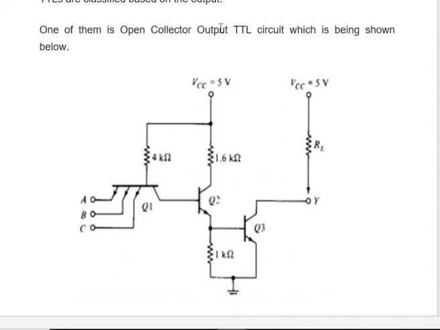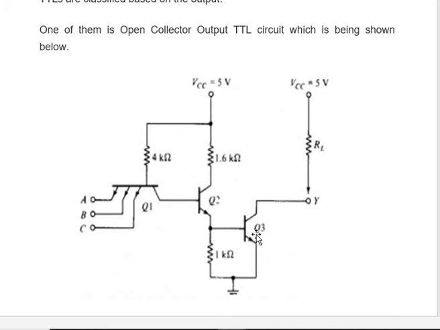Now what open collector output means is, if you can recollect, in the previous diagram, in the totem pole arrangement, we had Q1, Q2, Q3, and above this Q3 we had a Q4, and in between them there was a diode. This Q3 and Q4 were forming a totem pole arrangement.